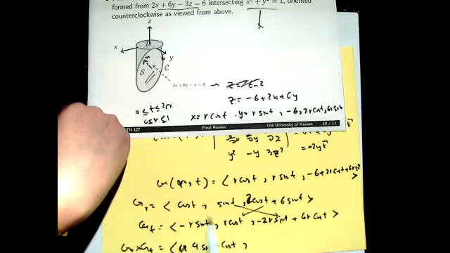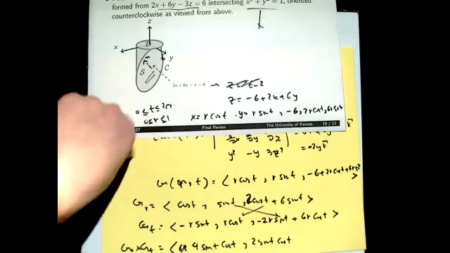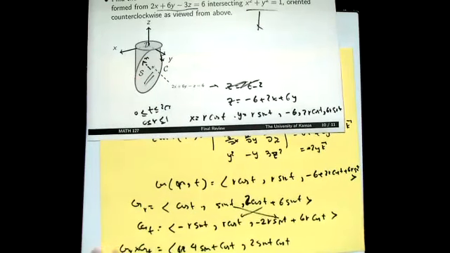And then the j part of the cross product is going to be 2 sine t. Right? No, I think I'm messing this up. Sorry, guys. I knew it was going to happen. I so knew it.